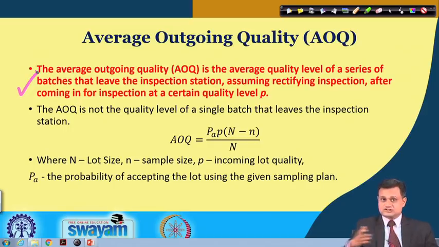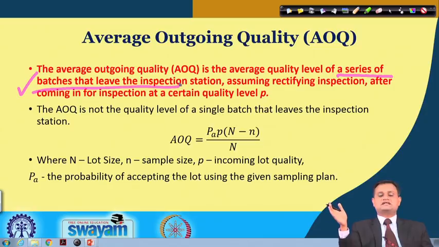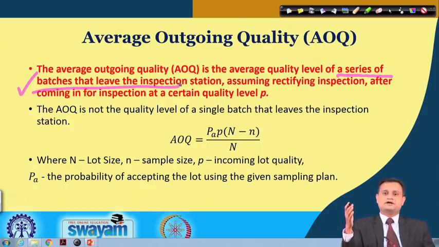I am taking a series of batches, please emphasize this, a series of batches that leaves the inspection station, assuming rectifying inspection. It means suppose a particular batch is rejected, then rectification means I will replace the bad quality product with the new one, and then only I will allow it to go to the next stage.